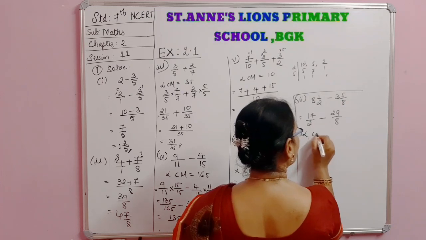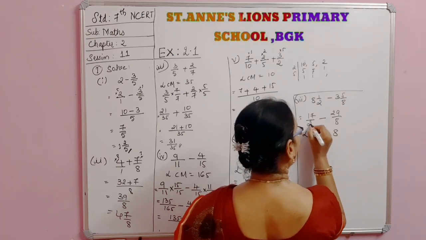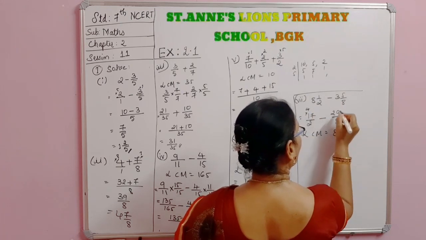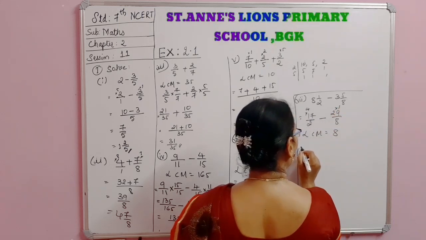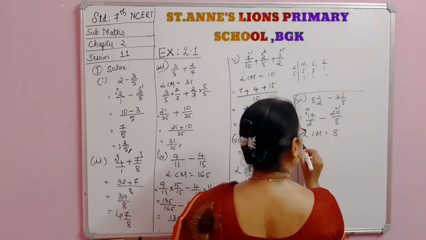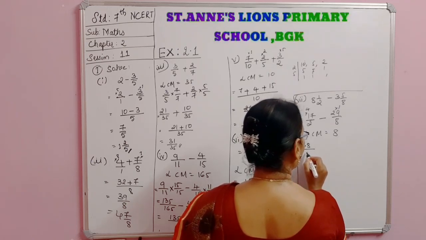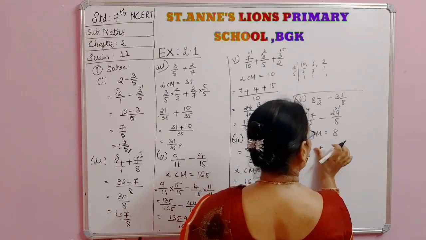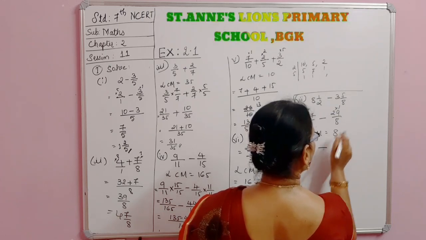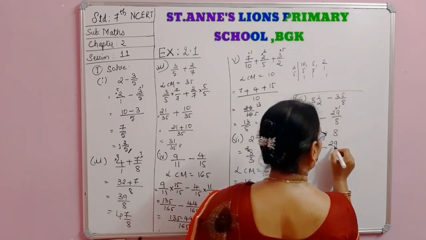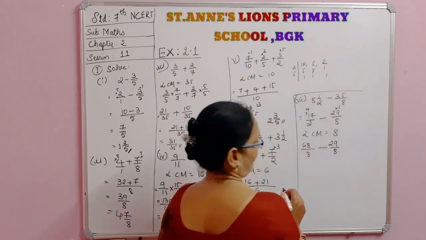Okay. LCM is equal to 8. 2 4s are 8. So 17 4s are 68. 68 by 8 minus 29 ones are 29 by 8.